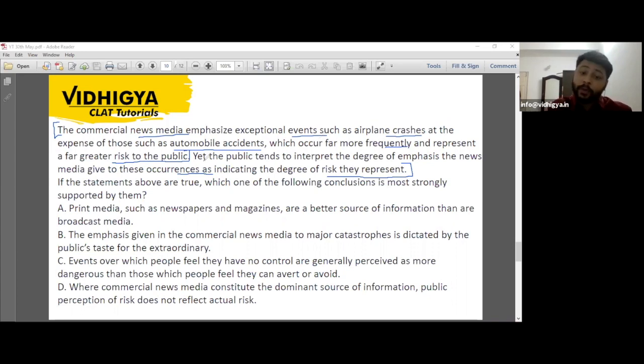Okay, further they said that yet the public tends to interpret the degree of emphasis of the news media give to these occurrences as indicating the degree of risk they represent.